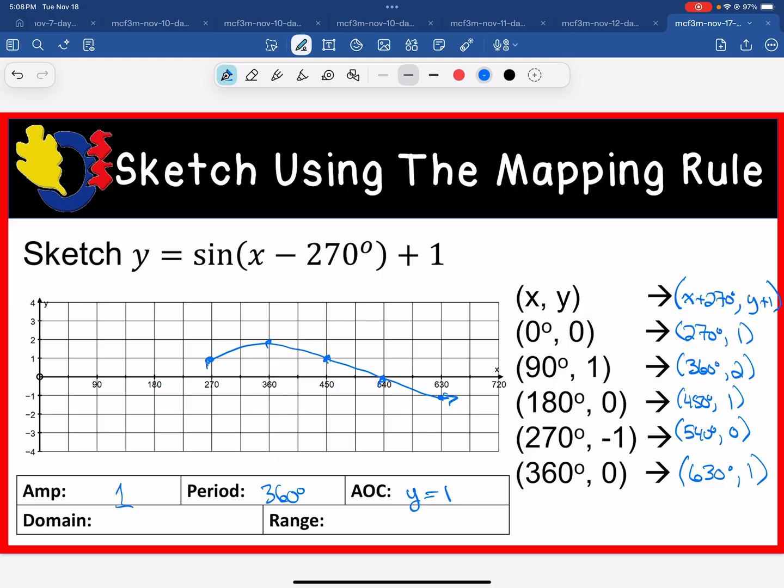Okay, so the pattern continues. So here's my AOC. So the domain is x such that x is an element of the real numbers. Y such that y is between and including the min, which is negative 1, and the max, which is 2.